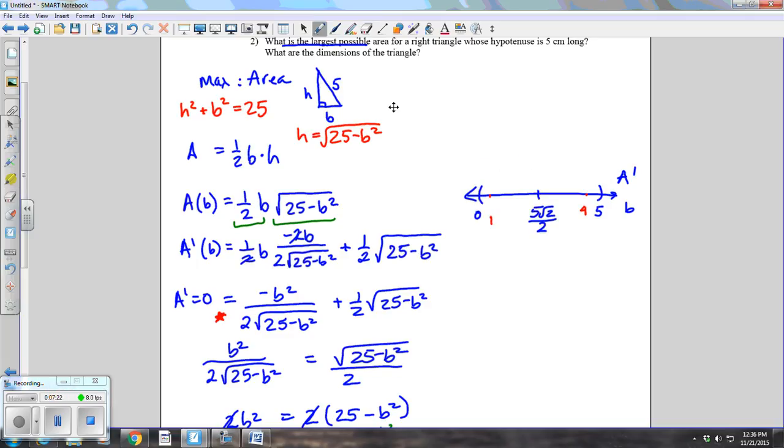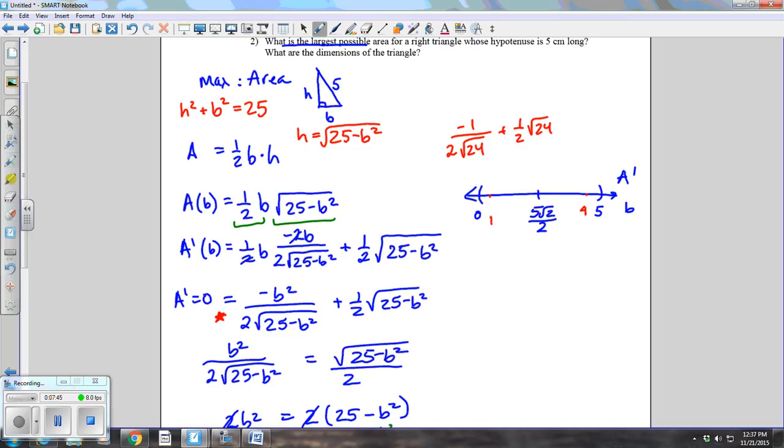So I'm going to do a little bit more work, instead of that negative analysis, positive analysis. If I plug a 1 into the b value, that's going to be 25 minus 1, or square root of 24, plus 1/2 square root of 24. Now, can I analyze that and just say if it's positive or negative?